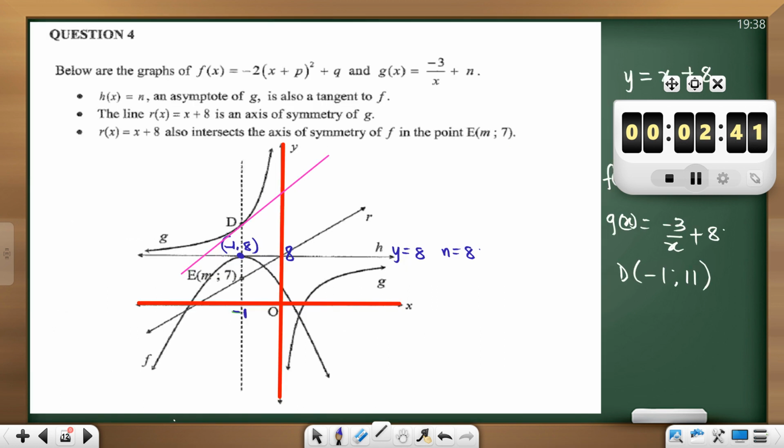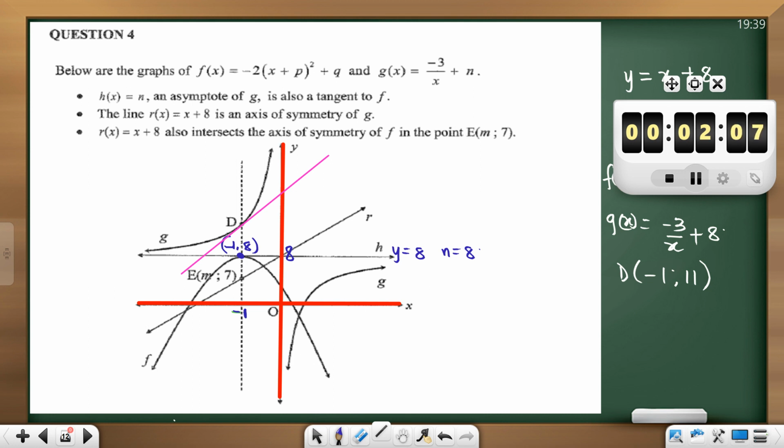There's nothing to read. Guys, let me give you an idea. How do you find gradient? The first derivative is equal to m. Use that to derive g of x. G of x, the first derivative is equal to gradient.